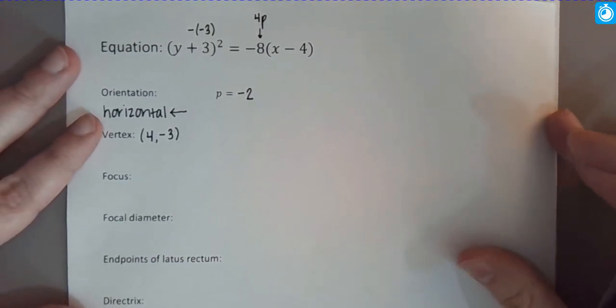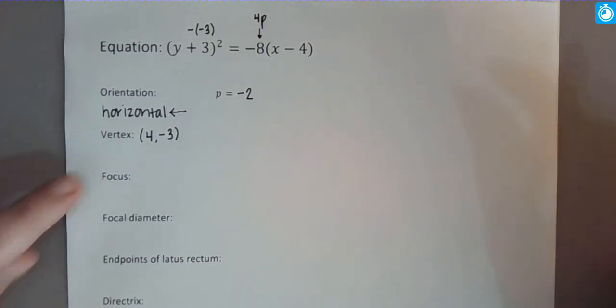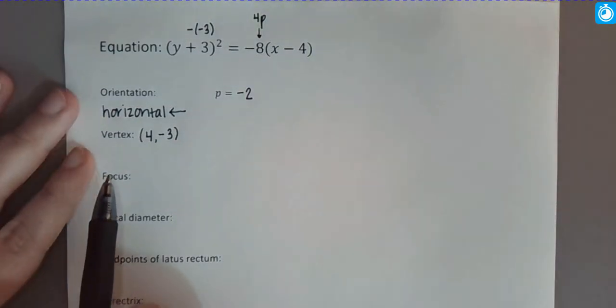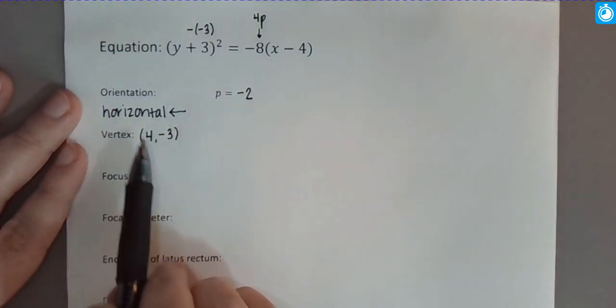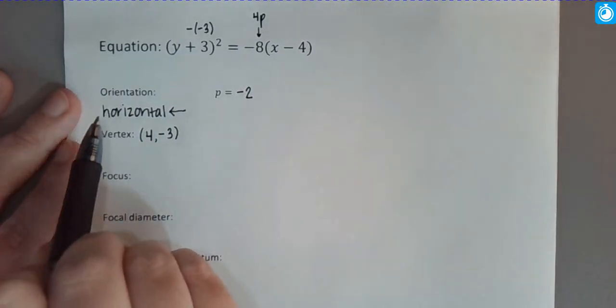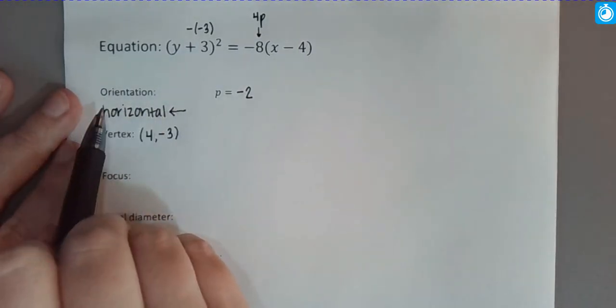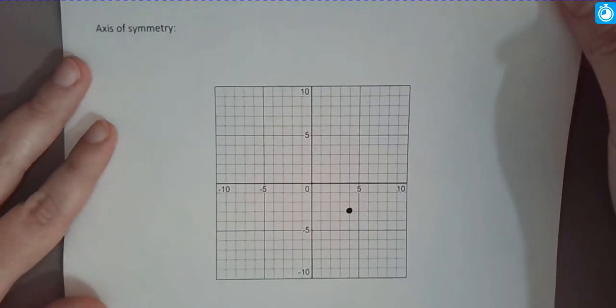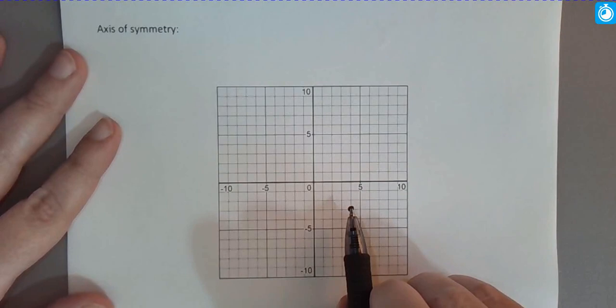Okay, the next thing we want to identify is our focus. The focus is not on the graph, it's a point of reference, but it's a very important one that's going to help us identify key points that are on the graph. So our focus is going to be based on both the vertex and our value of p. And this is a moment when we also need to go back and think about the orientation of our graph. So if we look at our coordinate plane, we know this is our vertex, this is our starting point.